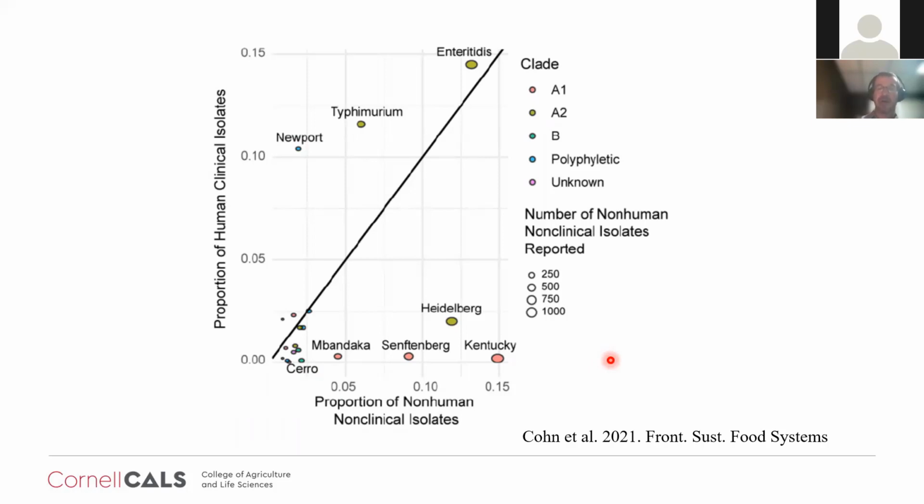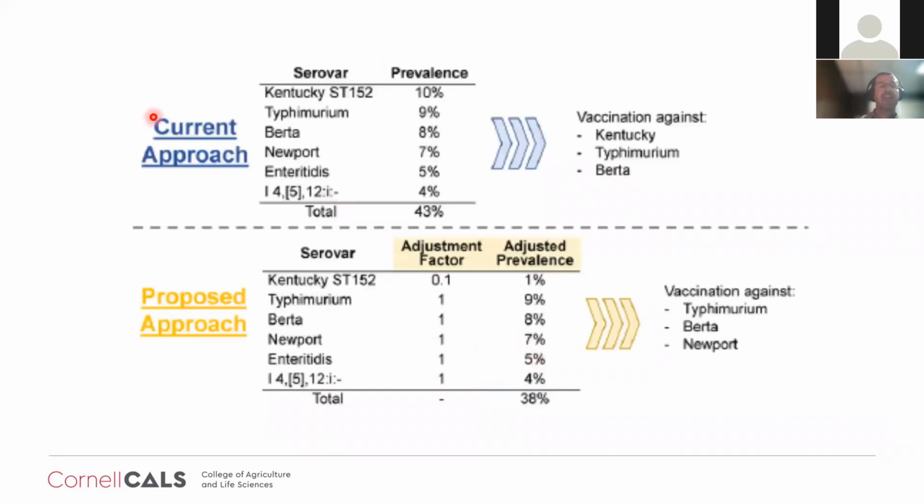This should be supported by other evidence, such as phenotypic data and WGS data, but with that we can define serovars of reduced public health relevance. And as a reminder, this should be country or region specific. Just because Kentucky is of reduced public health relevance in the US doesn't mean that's global. And then we can use that to really target interventions towards the serovars of public health relevance.